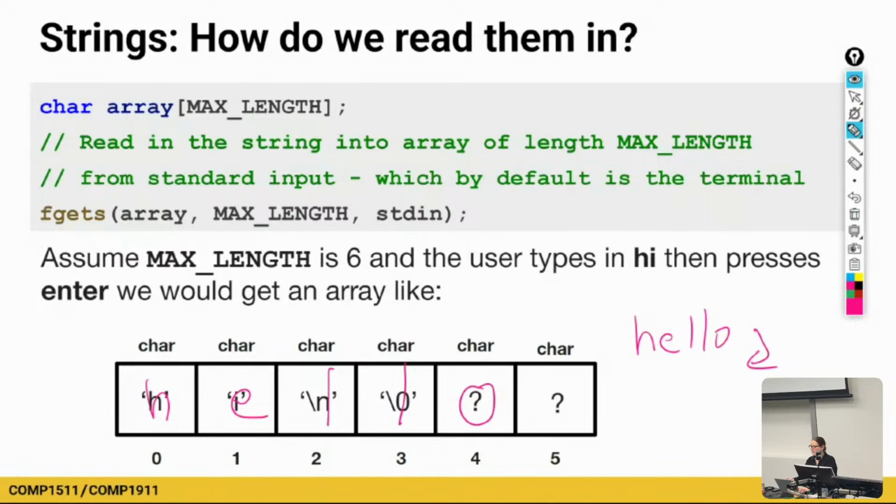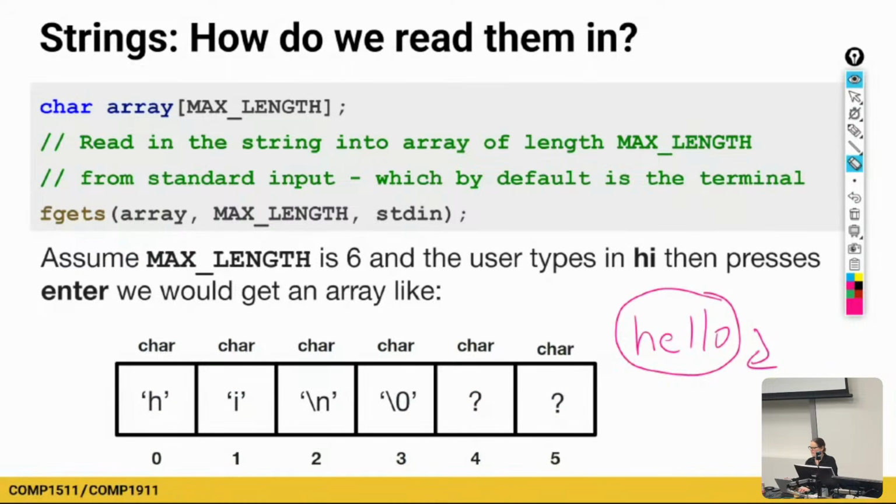Fgets would cut me off there. It knows it can't fit the newline I typed in if it needs to fit this null terminator. So that one call to fgets would only read in the hello. Does this make sense?